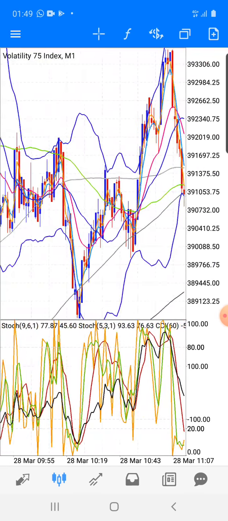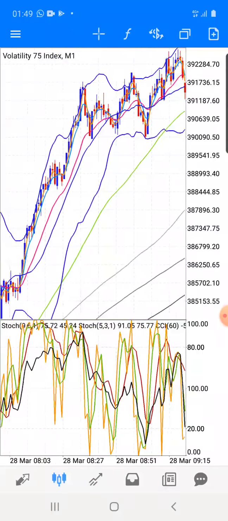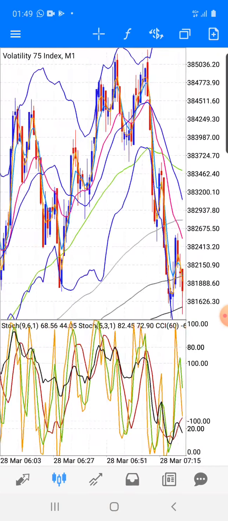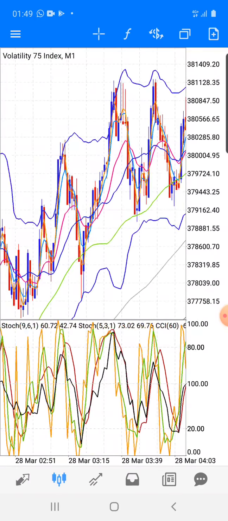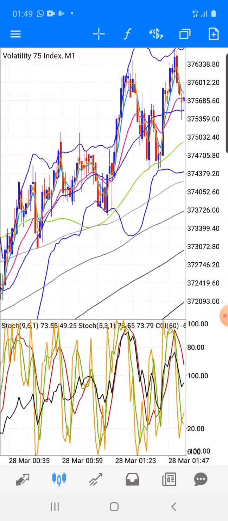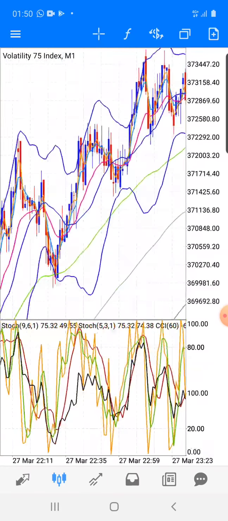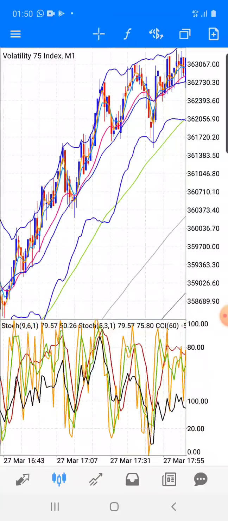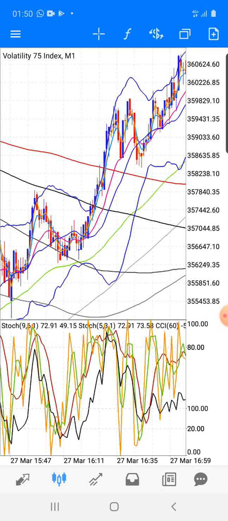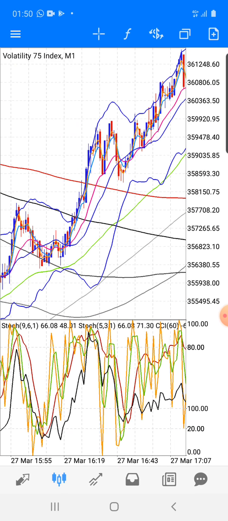All of this is buy territory, buy territory, and the green didn't cross it again for such a long time. So we would have been in this buy, guys. Then on the 27th, that's when it crossed it for a buy.